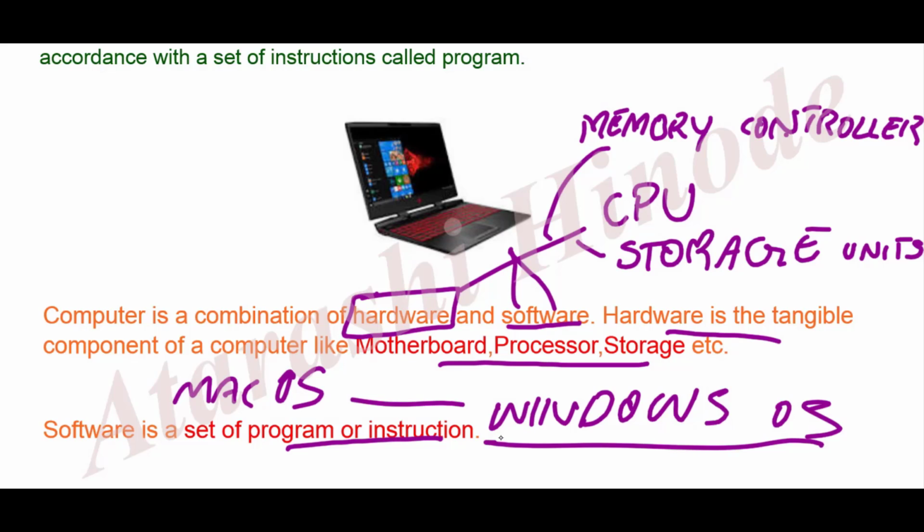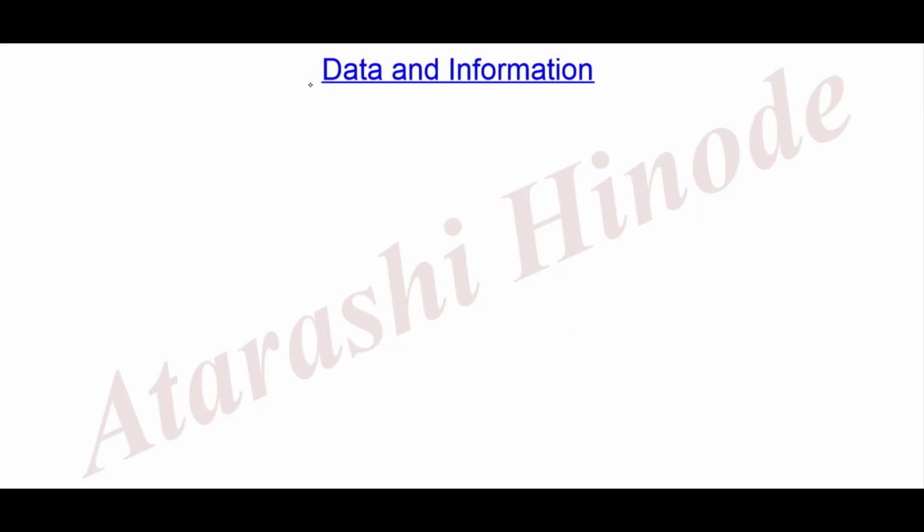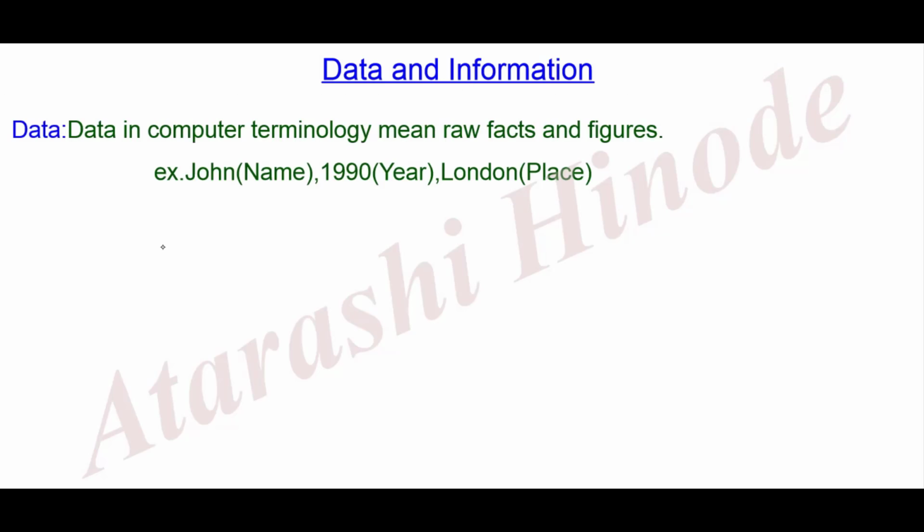Now let's get into the difference between data and information. What is actually meant by data? Data is a raw fact. Data in computer terminology means raw facts and figures.